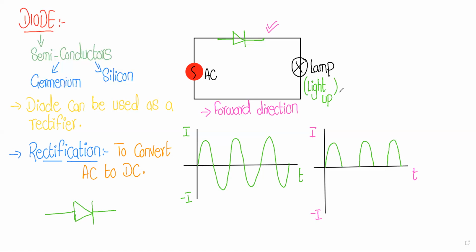Because we use a single supply in our components and devices. Let's suppose we take the example of a computer, an LED or a mobile phone, so we just connect a single supply from our main supply, and that main supply gives you AC, right? There are many components connected in the circuit, and not every component will work on DC or AC. Some components operate on AC, some on DC.